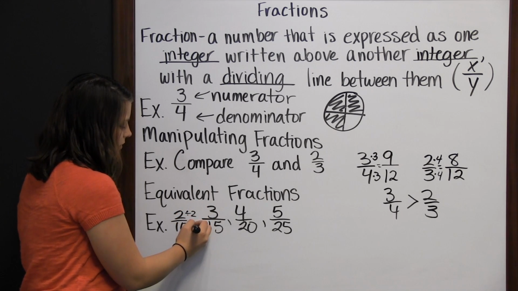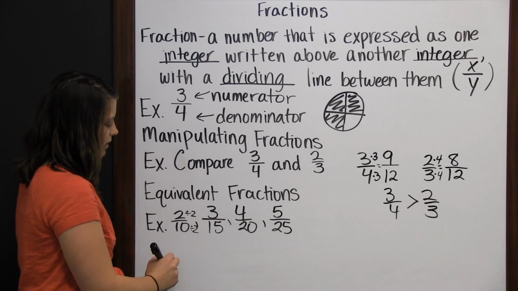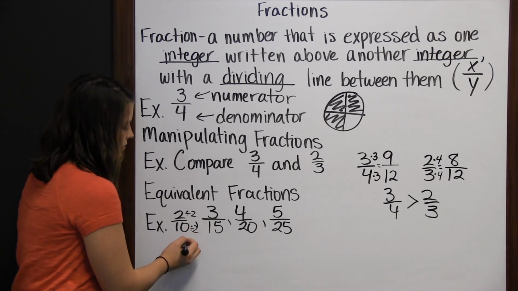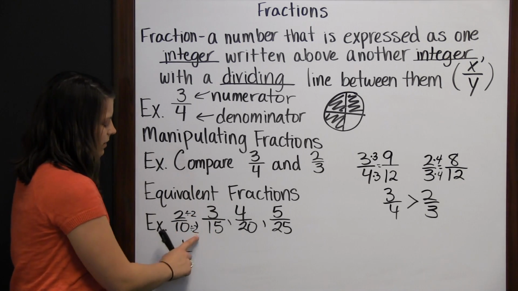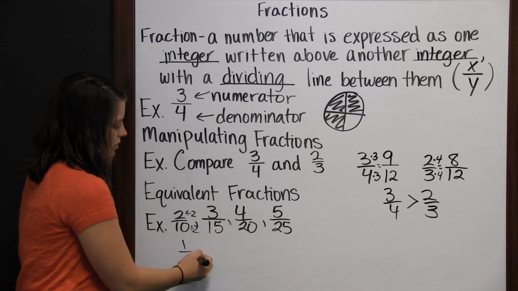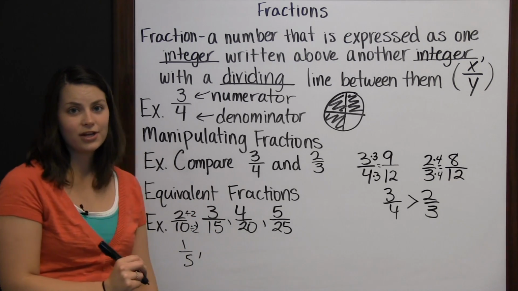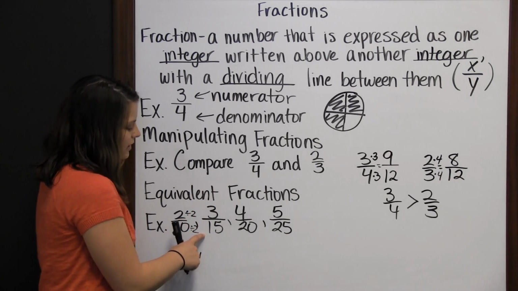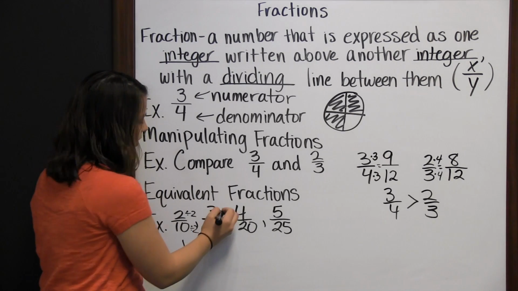So if we wanted to simplify this fraction 2/10, we would just divide the numerator and the denominator by the same value. Both 2 and 10 are divisible by 2. So we divide our numerator by 2 and our denominator by 2. 2 divided by 2 is 1. 10 divided by 2 is 5. We do the same thing to our next fraction. 3 and 15 are both divisible by 3.